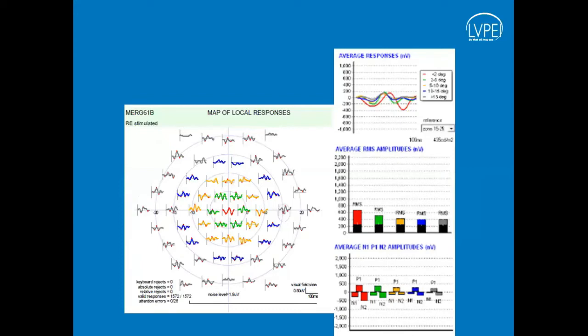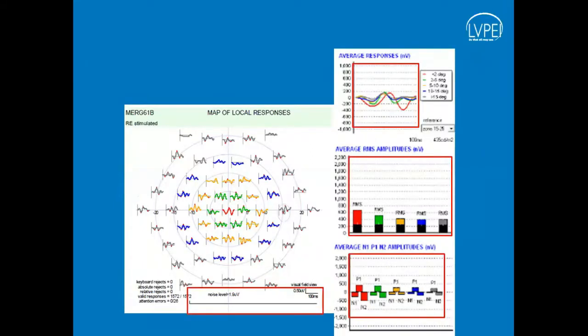But we should follow an artistic approach. That artistic approach means, after following the details of the noise and other averages which are shown, the average response, how the response is and how the level of noise is, and the average response of N1, P1 and N2.